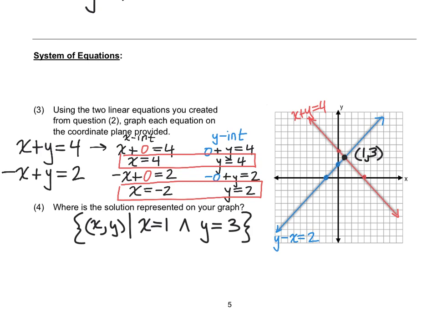All right, so this is the set notation. But in this case, you could just write 1, 3.